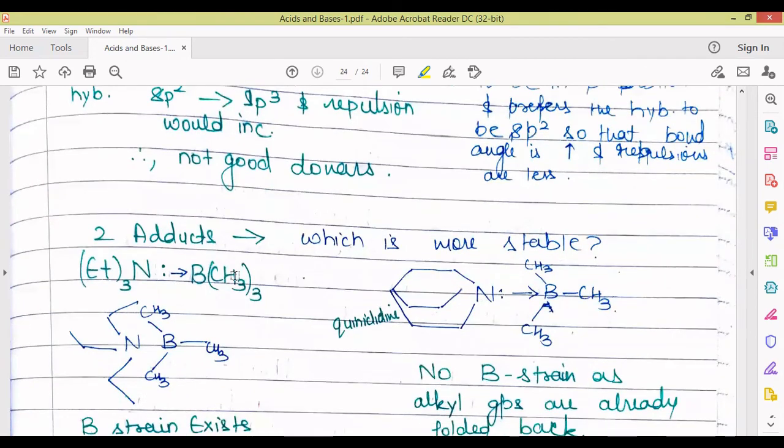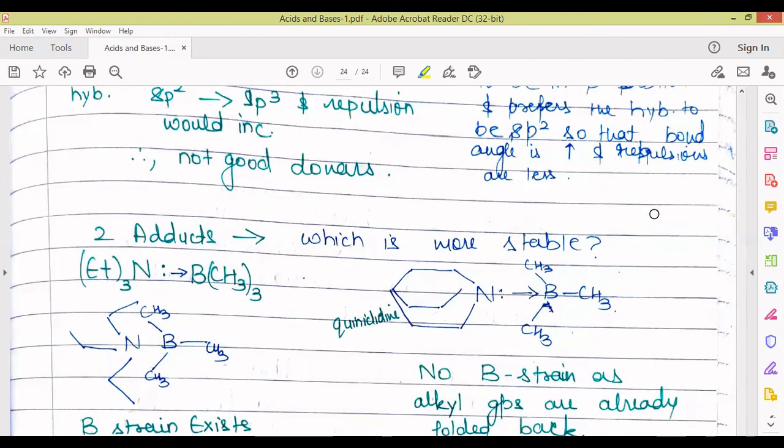So here we are taking another example. Here we have two bases: triethylamine, which is acting as a Lewis base for trimethylborane, and quinuclidine, which is also acting as a base to trimethylborane.